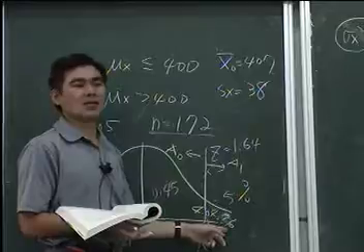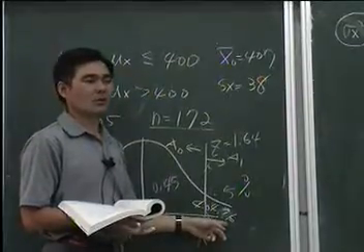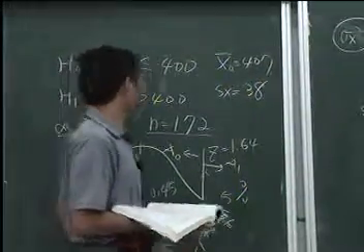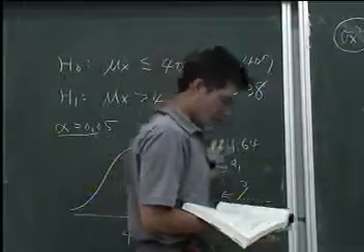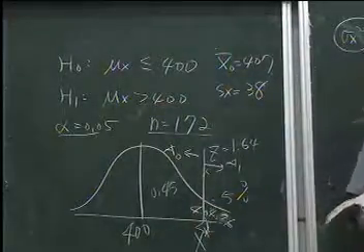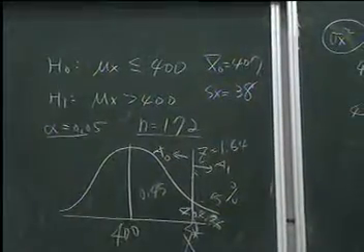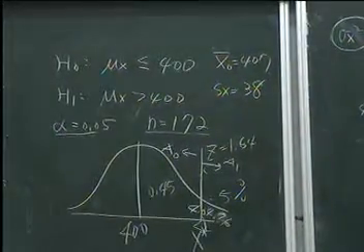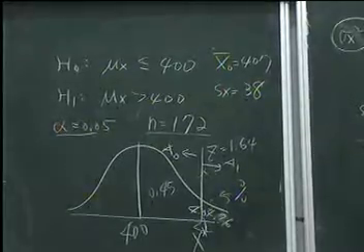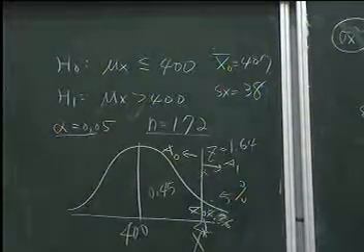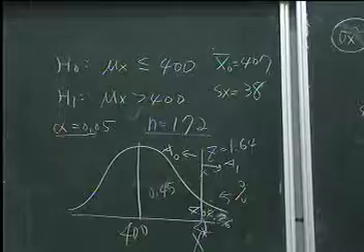So we still accept H1 and reject H0. So we get back to the question here. This is a larger sample size, so we use the normal distribution. So let us look at the next example. The next example is an insurance company.